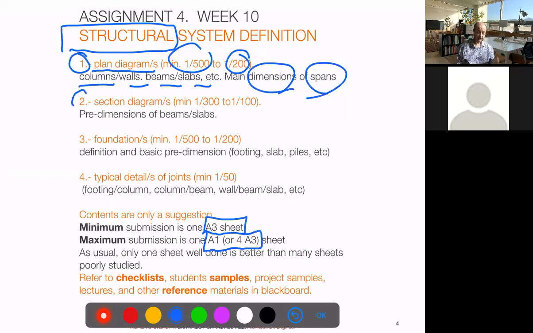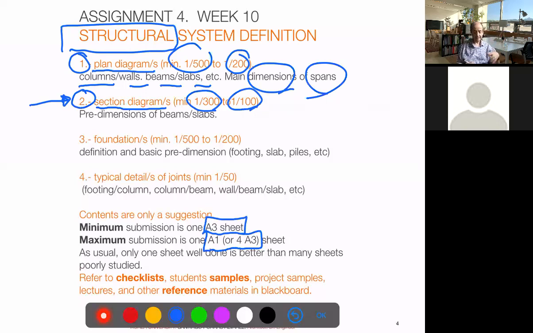Then, very important, and this is something that engineers do not do as much as they should, are section diagrams. Again, 1 to 300, or 1 to 100. Usually in section, you need a bit more height to understand the floors, otherwise things become too small. This is why I advise enlarging the scale to see how the vertical elements relate and the position of the horizontal elements with the openings, the stairs, and so on.